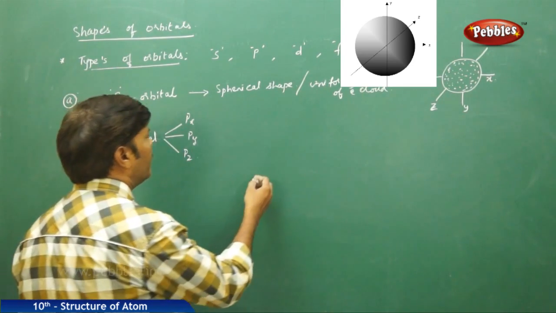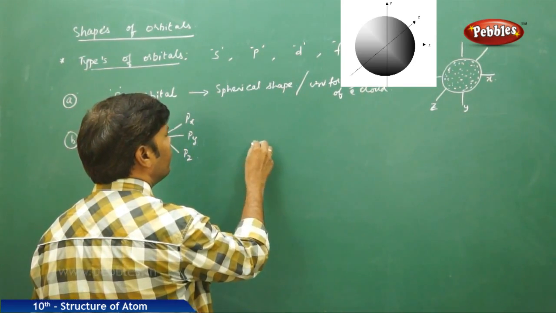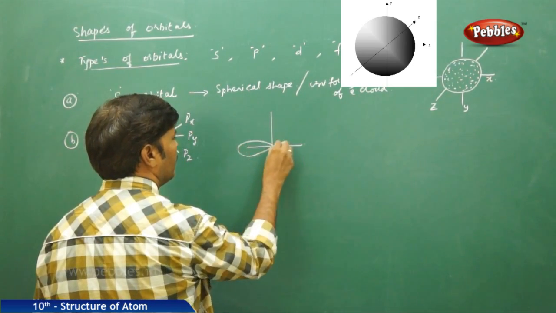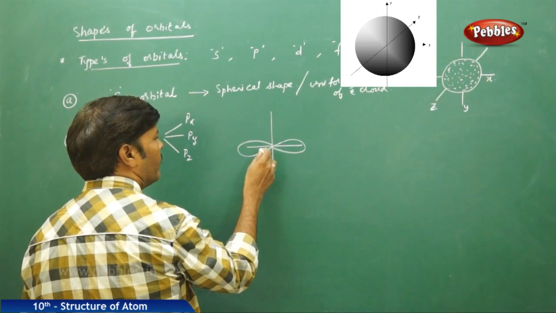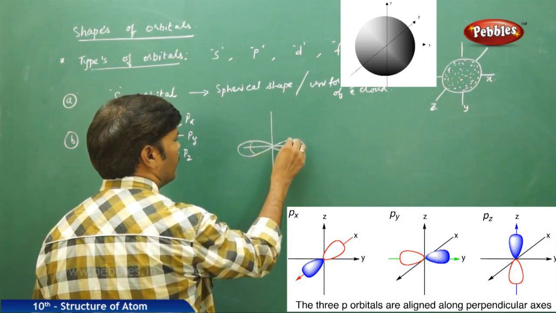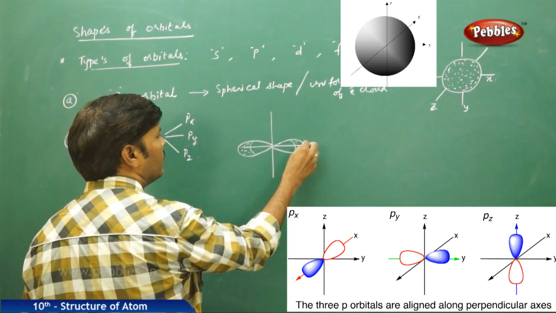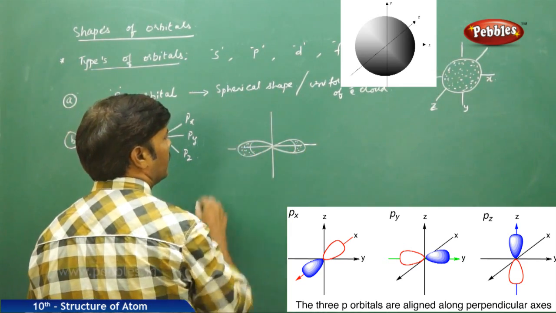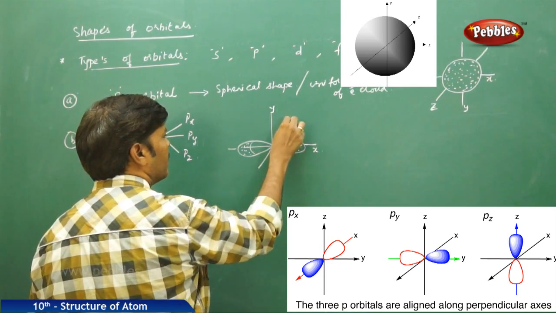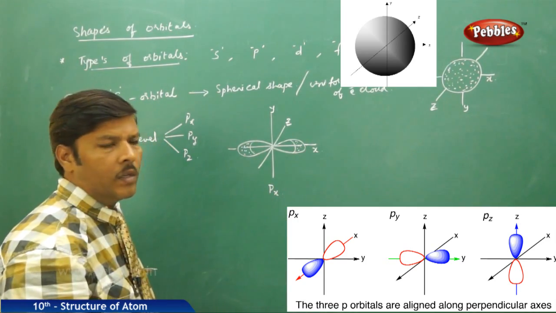Here I am taking the shape of the px orbital, with x-axis, y-axis and z-axis marked.